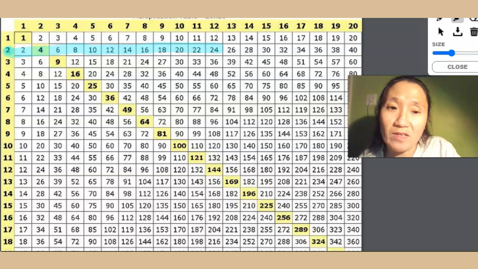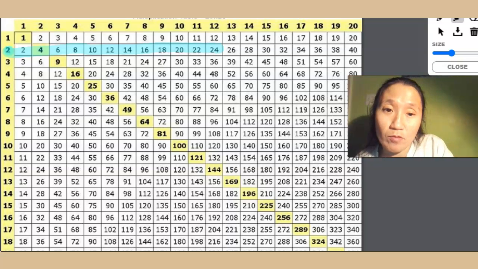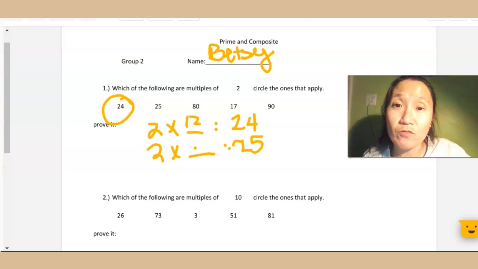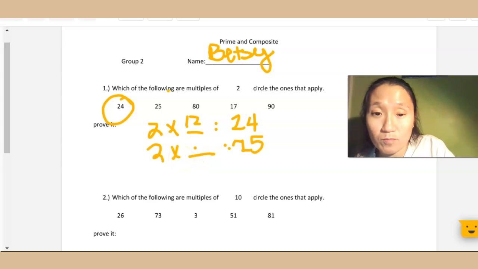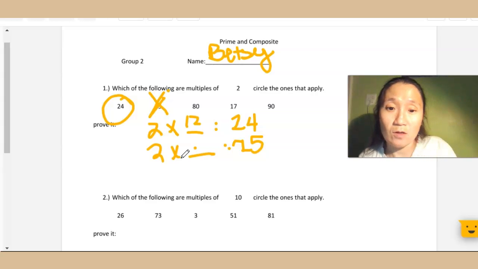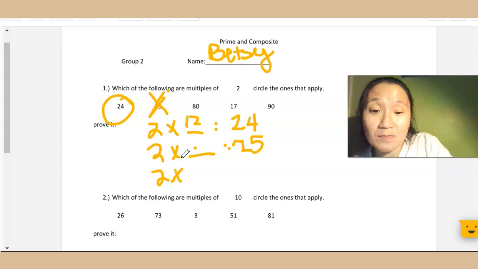We don't have 25 because it should be somewhere right in here and there's nothing there. So that one will never be. Nope, not going to be it. Okay?